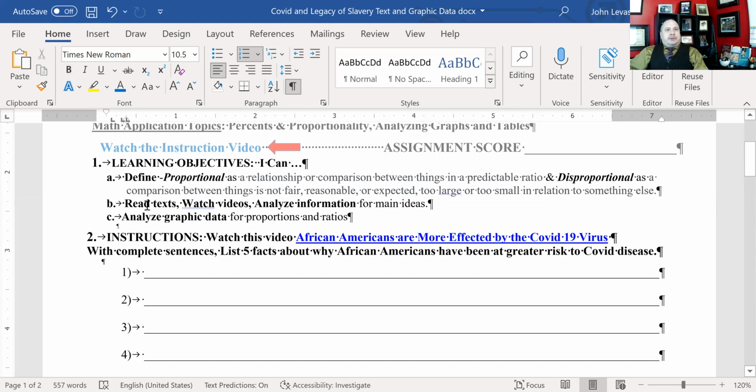We want to be able to analyze readings, watch the video, and analyze information for main ideas. And I can analyze graphic information or graphic data for proportions and ratios.